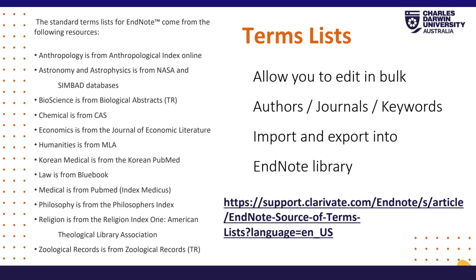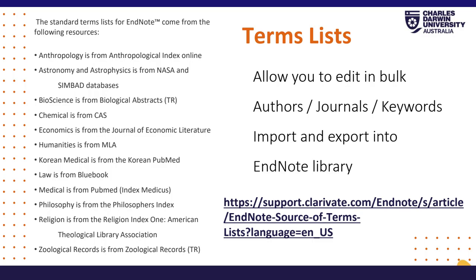Okay, so in your EndNote library, the information on the left-hand side is the terms lists and where EndNote sources that information from. So I put this list here because you might see information that you recognize that relates to your type of research.